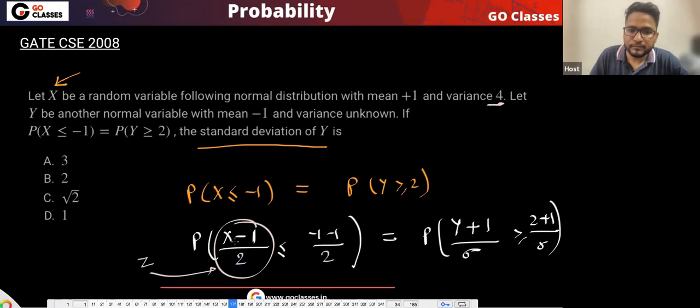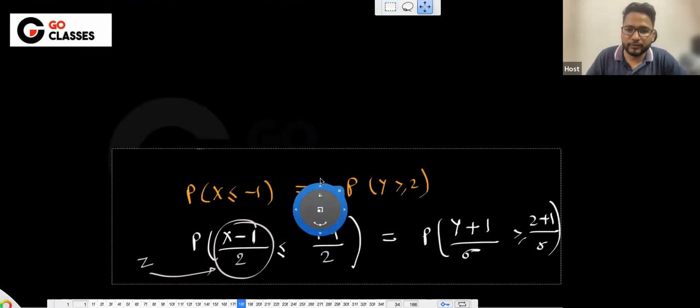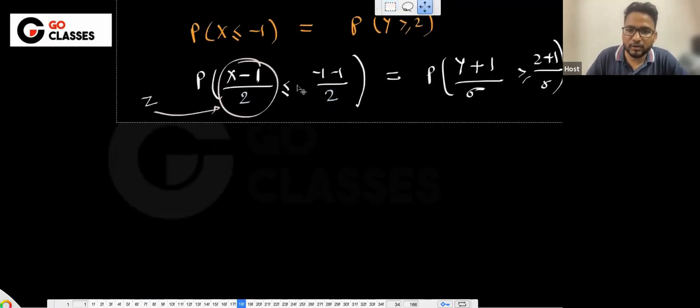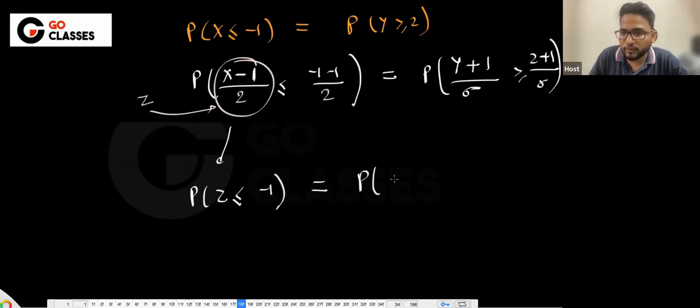On the left-hand side I got z, so the probability of z less than or equal to minus 1 equals the probability of z greater than or equal to 3 upon sigma, where sigma is the standard deviation of y.